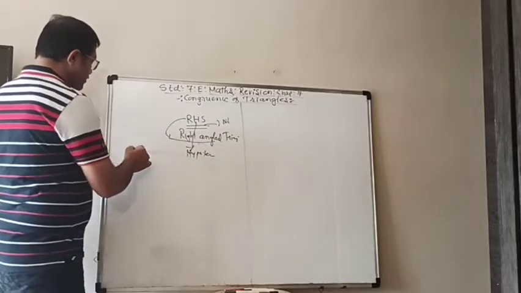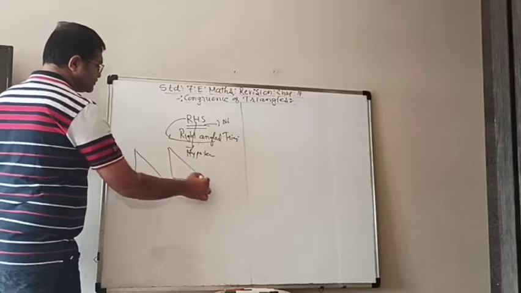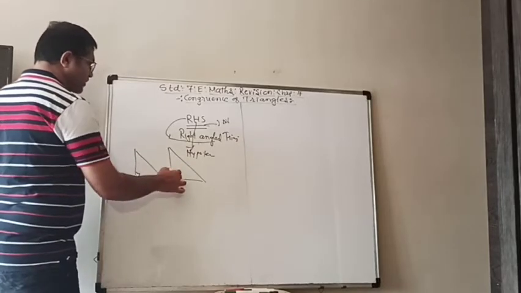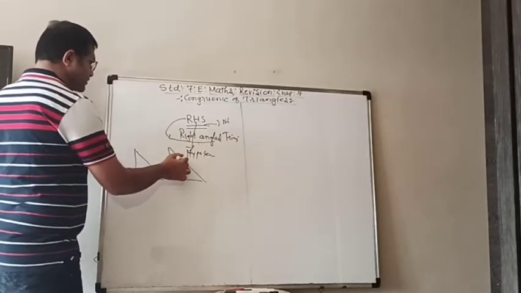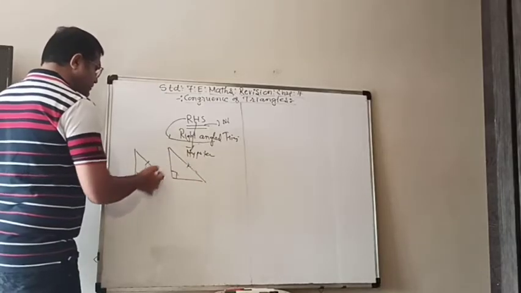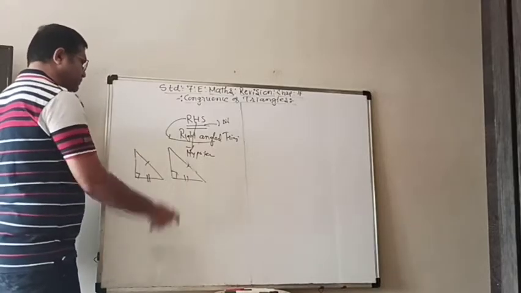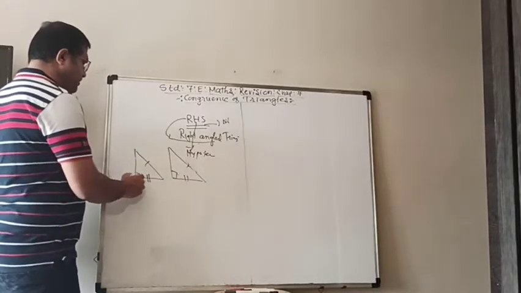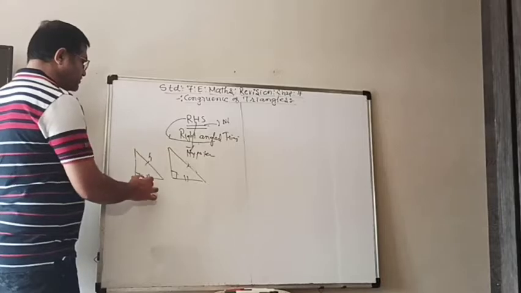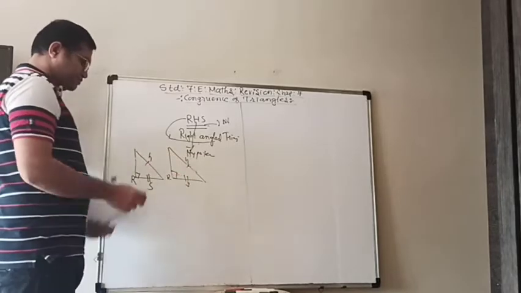So now, for two right triangles, one angle is already 90 degrees, then there is the hypotenuse, so the two hypotenuses must be equal, and any one of the sides, this one or that one. So you can say that the right angle, hypotenuse and side, right angle, hypotenuse and side.